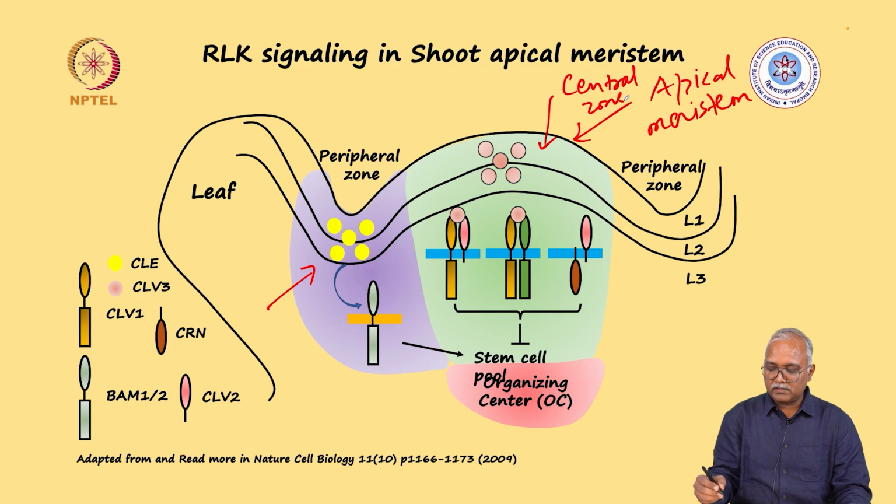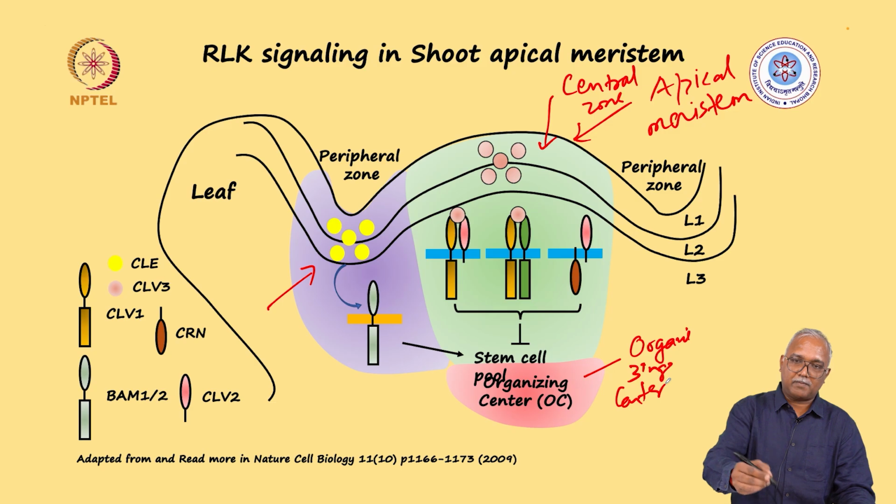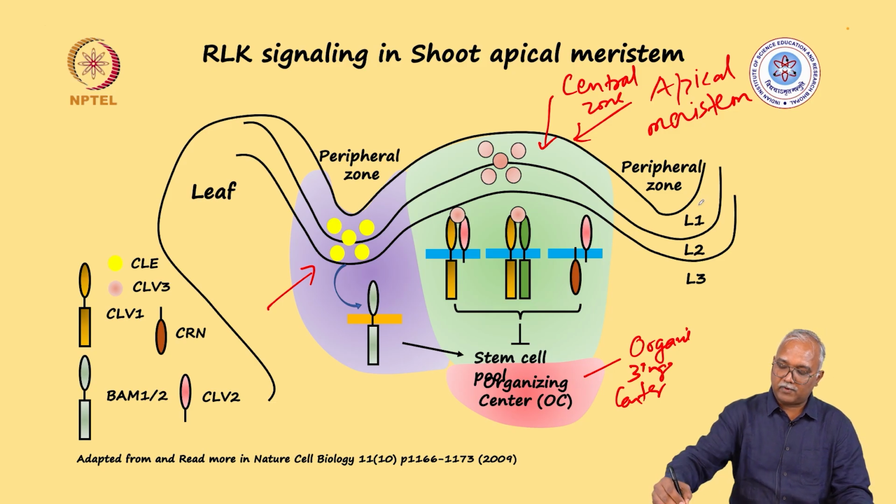And just beneath the central zone, you have something called the organizing center. If you look at the arrangement of cells there, they are arranged in multiple layers, and we are looking at these three different layers, L1, L2 and L3.